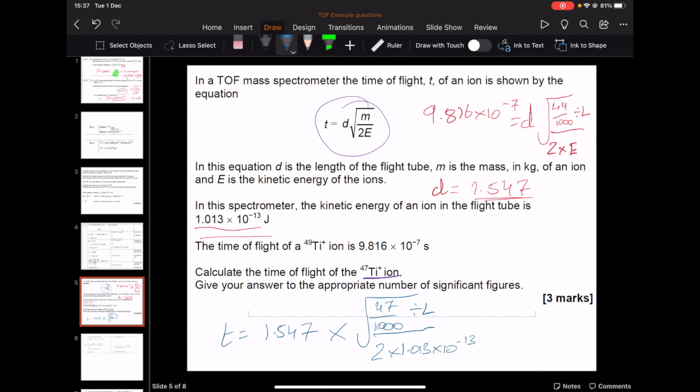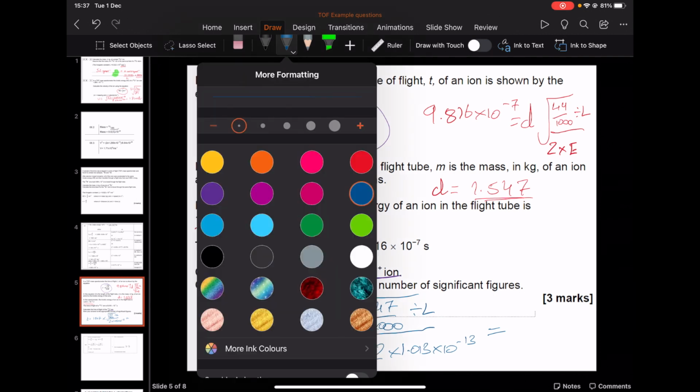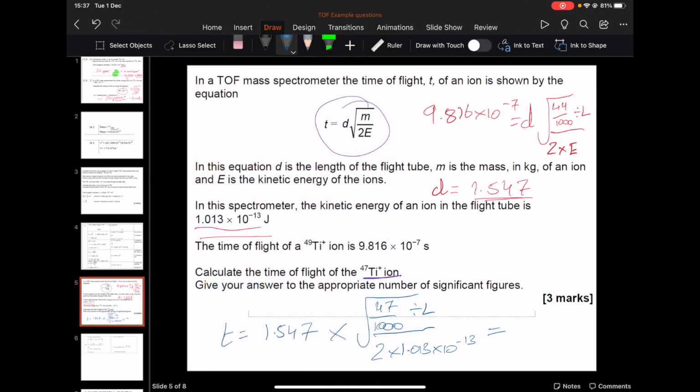Remember the energy is the same because they both get accelerated to the same speed, essentially. And that is going to give me an answer of 9.614 times 10 to the minus 7, and that's in seconds.